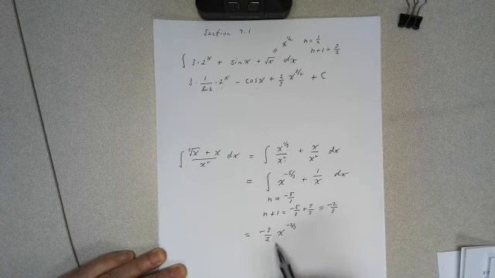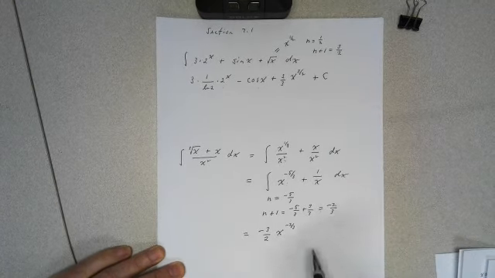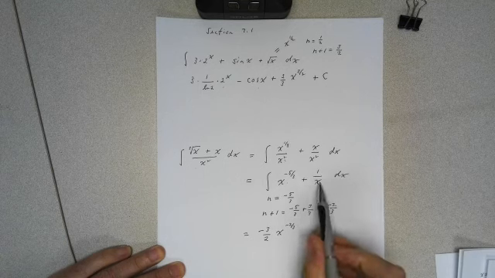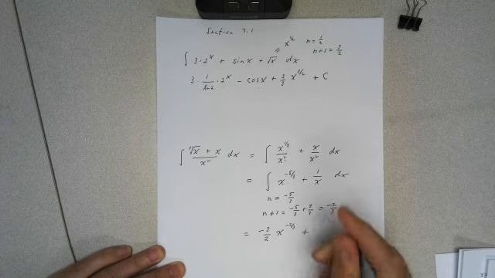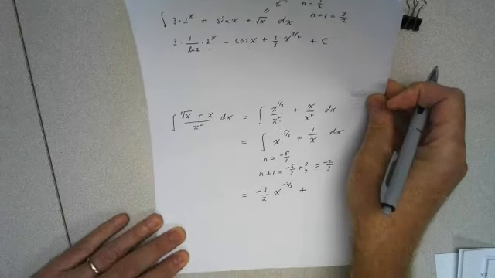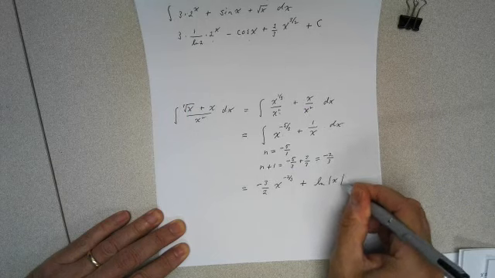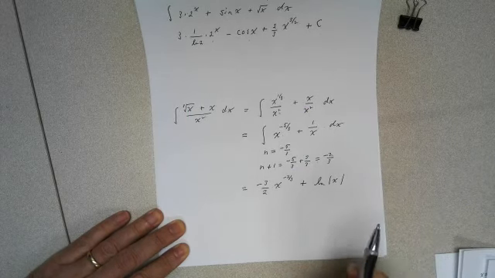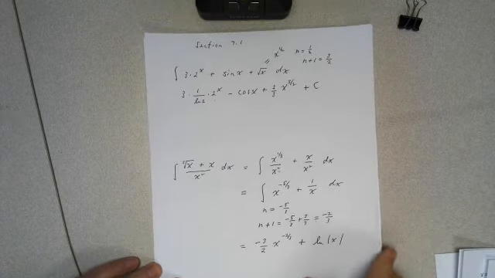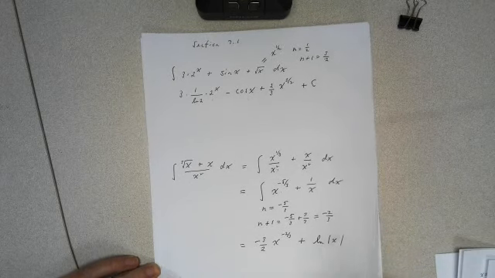And of course, we could compute the derivative of this, and we should get x to the minus 5/3. And then we add to that the antiderivative of 1 over x, which is, we need to be careful here, the natural log of the absolute value of x. Okay, now if algebra doesn't work, we need to use a different technique, and that's the goal of section 7.1.